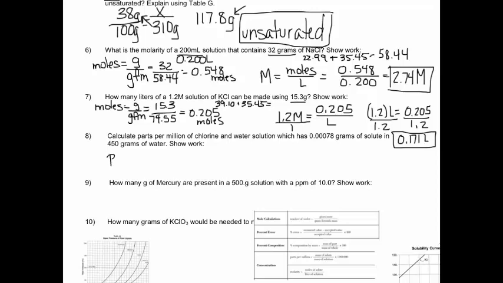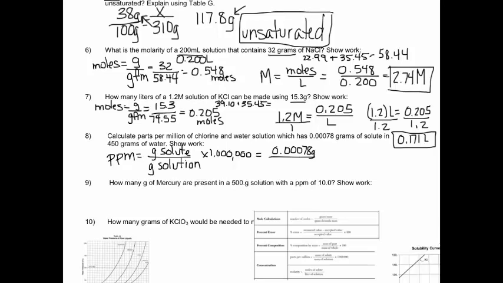So to figure out parts per million, we're going to need our grams of solute divided by our grams of solution, all times 1 million. Our grams of solute were given as 0.00078.